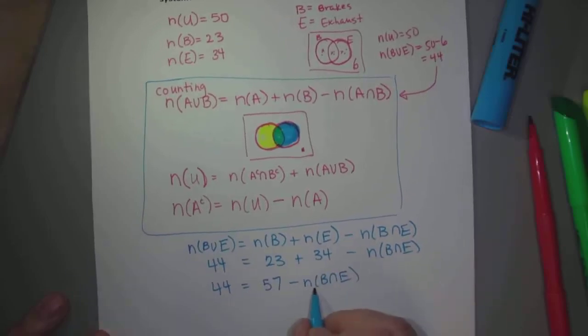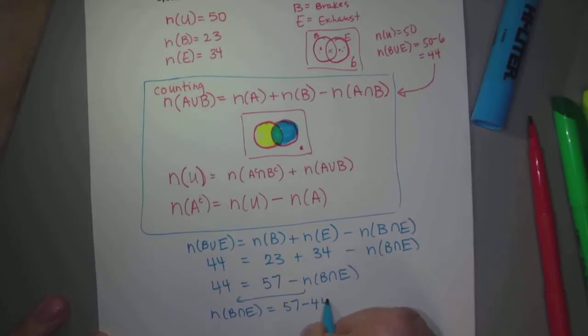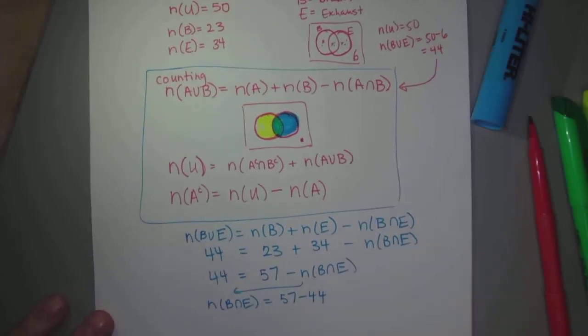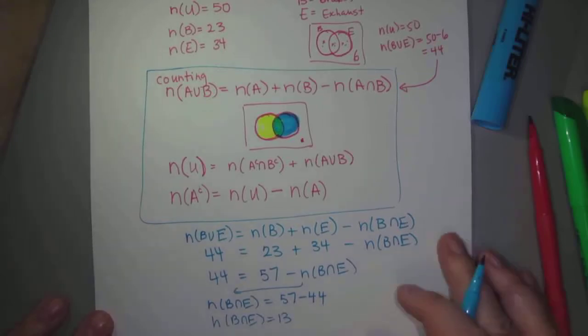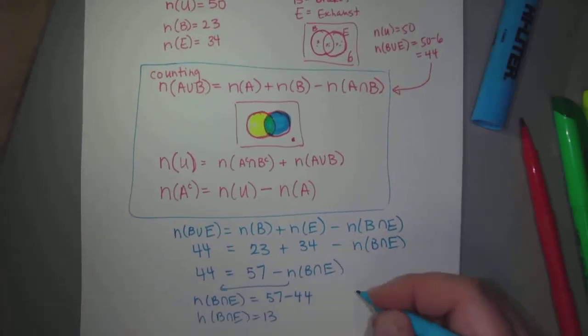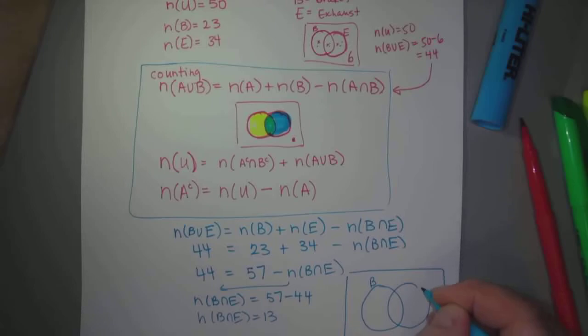And you can see 57 minus what is equal to 44, or rearrange the equation. Okay, so what we end up having is 13 in the center.